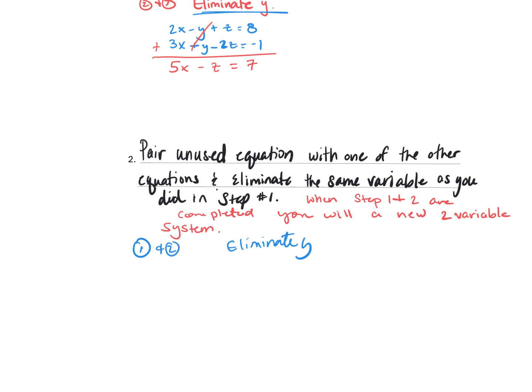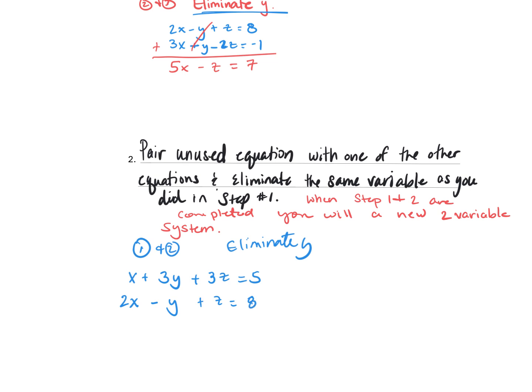Equation 1, I have x plus 3y plus 2z equals 5. And equation 2 is 2x minus y plus z equals 8. Make sure I write my equations down right.